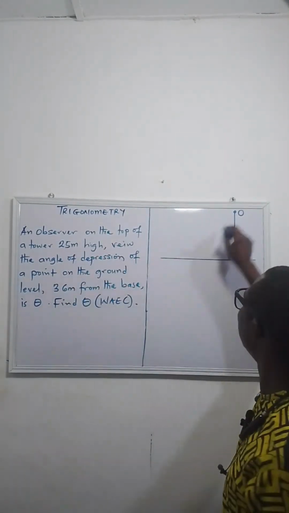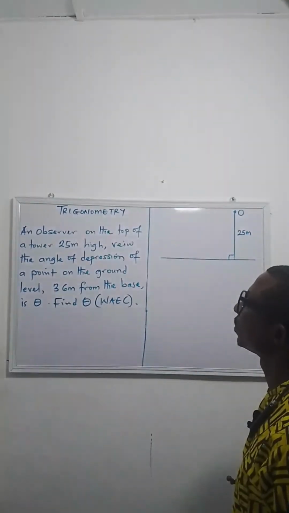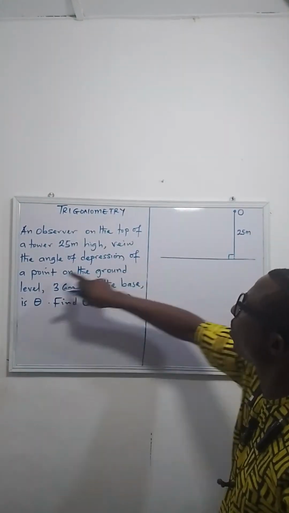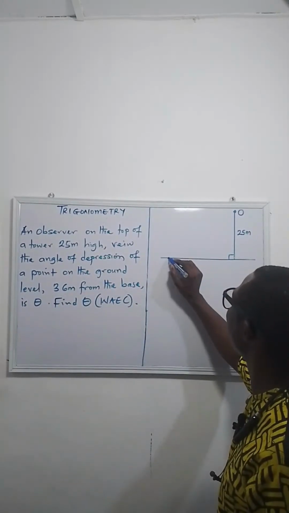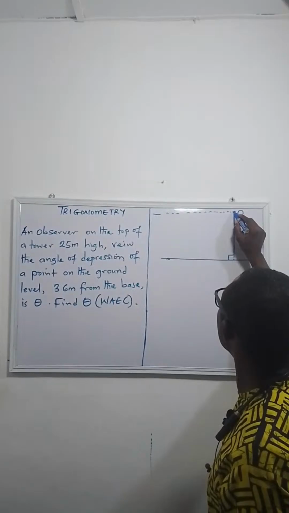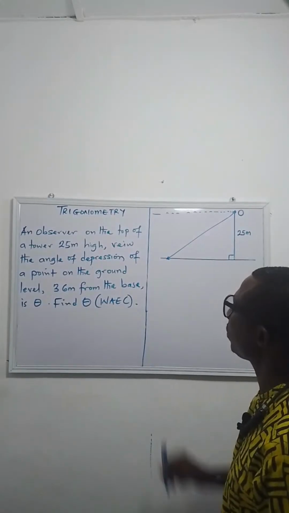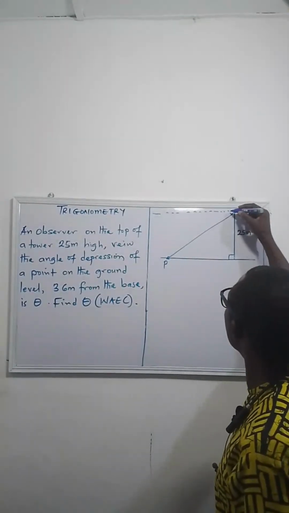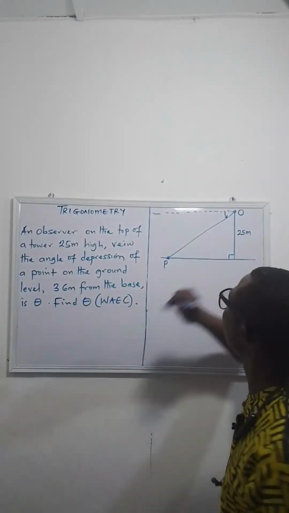The tower is 25 meters high. He views the angle of depression of a point on the ground level. So there is a point on the ground level which this observer is viewing. Now let's call that point P. He must have turned his head by a particular angle, which is given here to be theta.